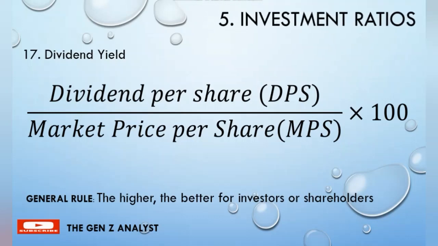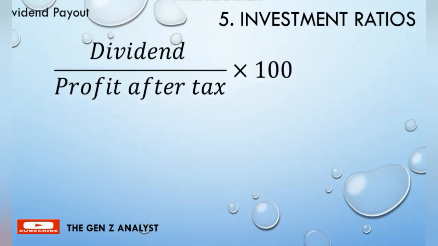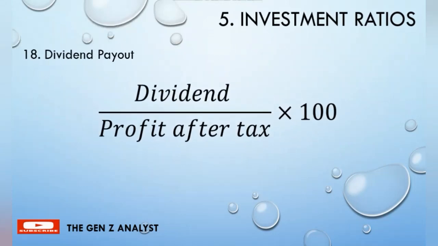The next one is the dividend payout. The dividend payout is talking about how much of the profit after tax we are going to pay in dividend at the end of the period.